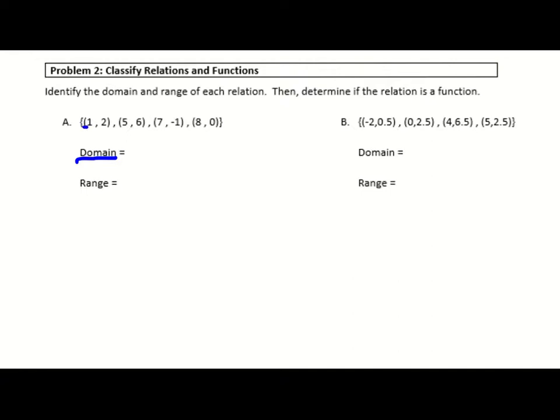So x for every single point is what I need to list for the domain. And always list from least to greatest. So my domain would be 1, 5, 7, and 8, because those are the 4 numbers that make up the x values of these points.